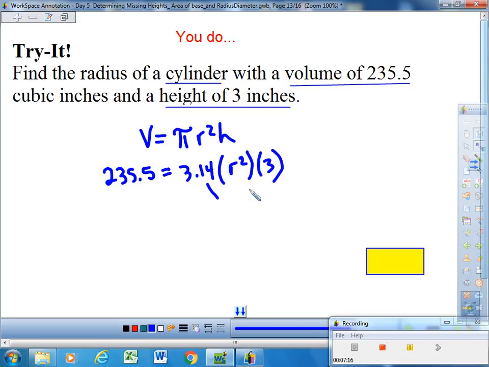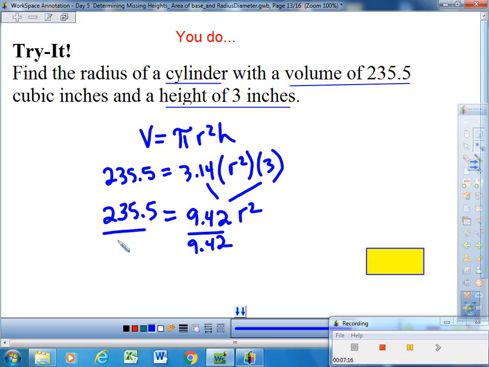I'm just going to multiply 3.14 times 3, and I get 9.42. r squared equals 235.5 divided by 9.42. So I have 25 equals r squared, so I can take the square root of both sides.